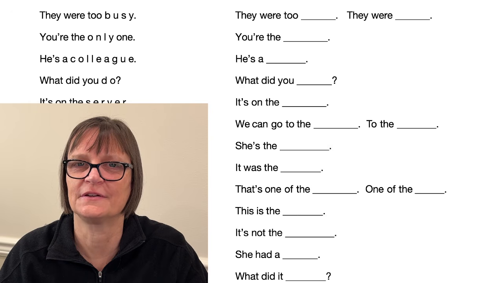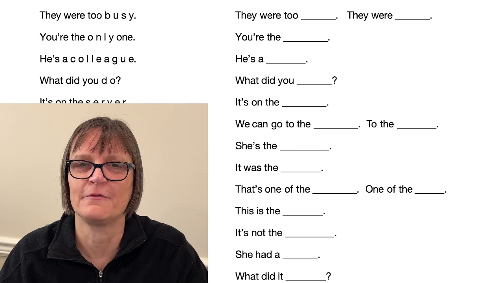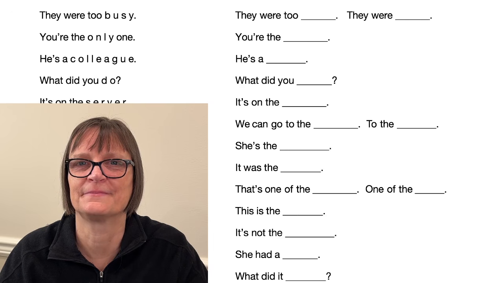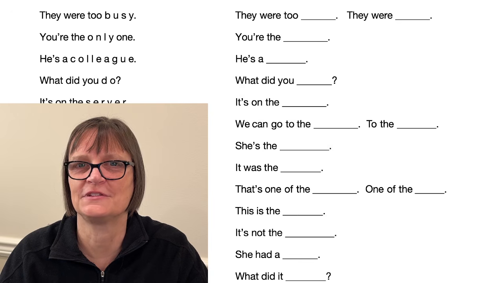They were too young. Try that with old. They were too old. Try that with weak. They were too weak. Try that with distracted. They were too distracted.